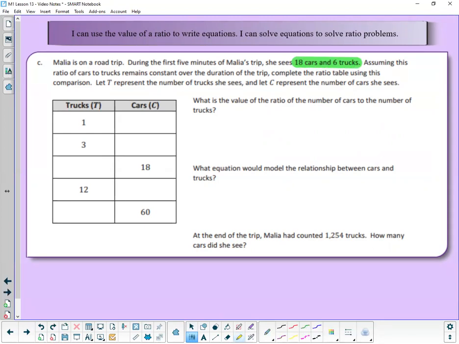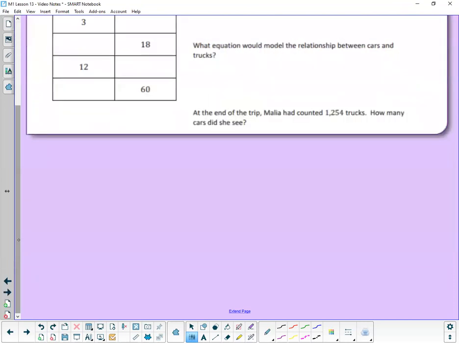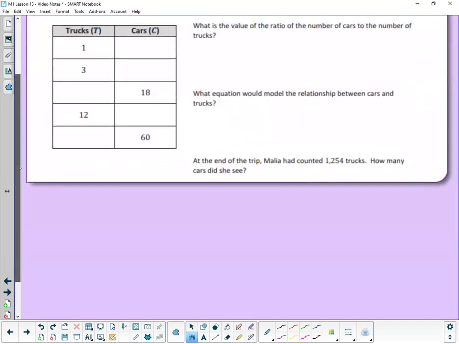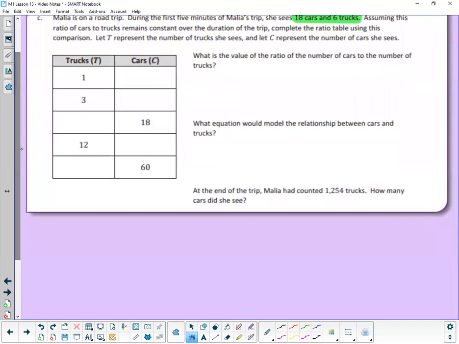Wasn't that interesting? Well, on my ratio table here, they really haven't given me enough information to complete it, except that they do give me the 6 trucks. So I know that when she sees 18 cars, I'm going to look in this one, because the information in the table tells me that she saw 18 cars, which means the 6 goes right there. So by filling that in, I can start to see where my ratio table is going.